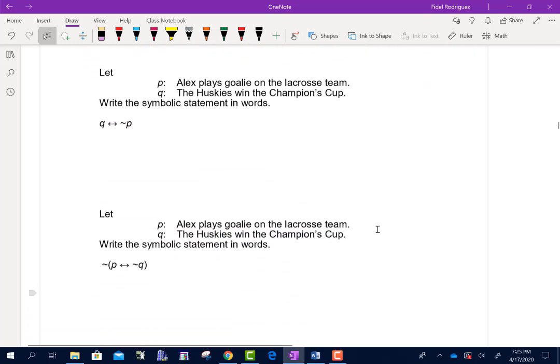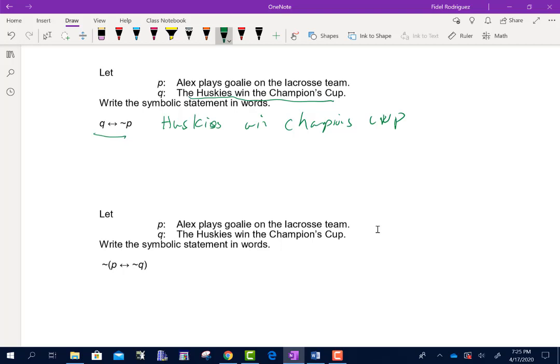All right. So let's try another one, similar. Let's see. We're going to write it in words. Q, if and only if, not P. So look what Q says. Huskies win the Champions Cup. So we're going to say Huskies win the Champions Cup.